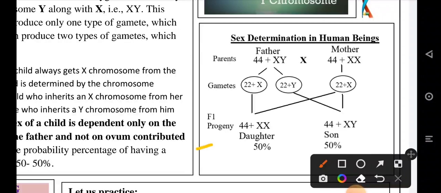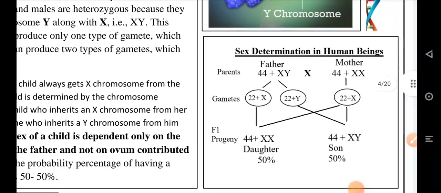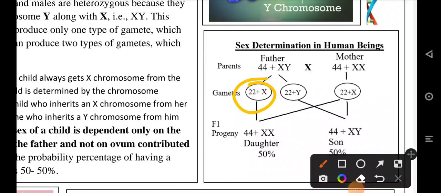In the F1 progeny, the combinations may be these. 22 plus X from one parent and 22 plus X from the other parent gives a 50% chance of having a daughter.